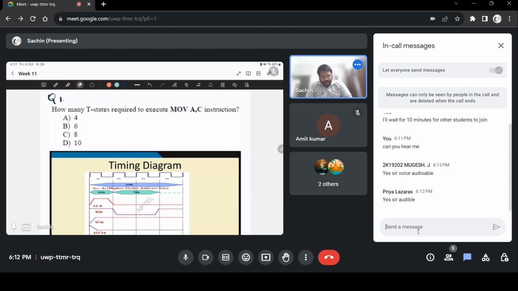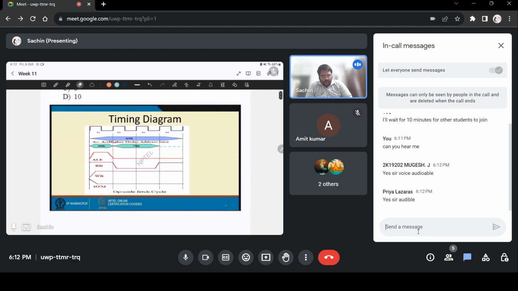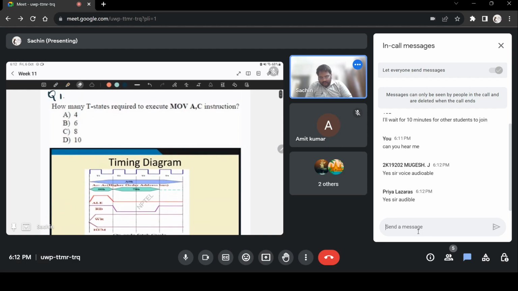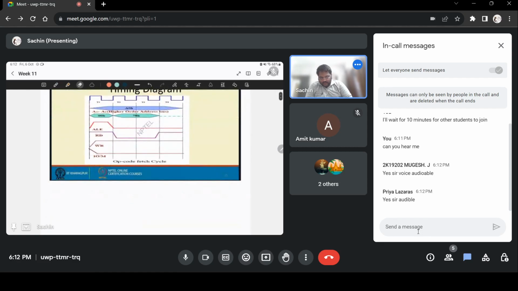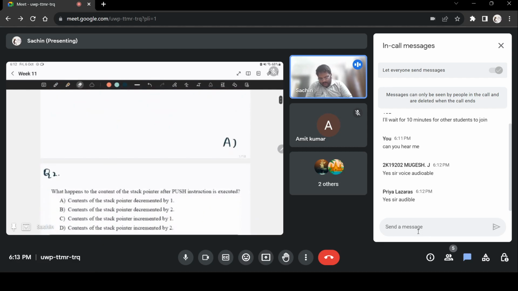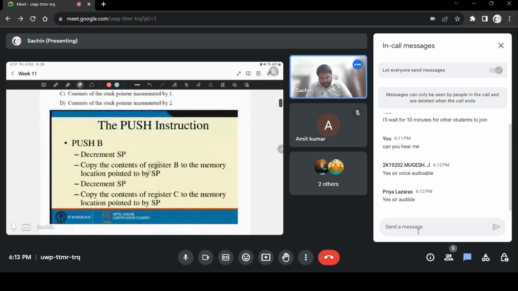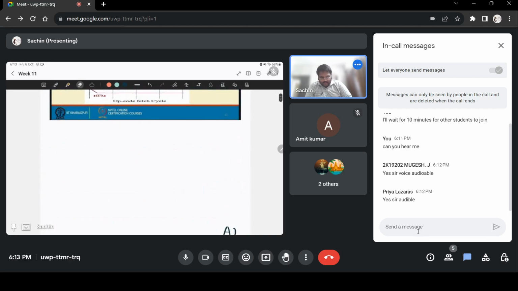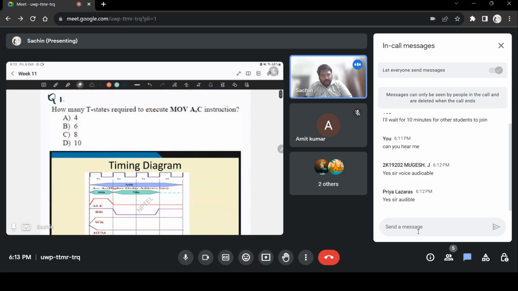They are from the previous year assignments, I think. And if you have any doubts, you can unmute yourself and ask me. Some of the questions might be repeated this year, this sem also. I'm not sure, I haven't checked for this week. Usually we remove such questions from the problem solving session.